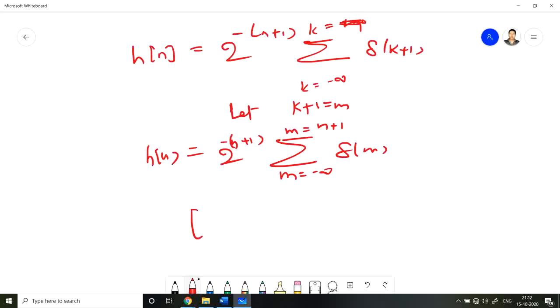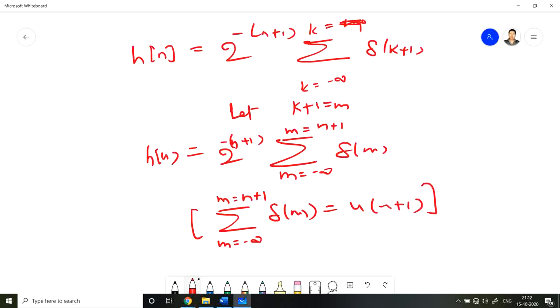Now we can see that this is nothing but u n plus 1. So the summation of del m from minus infinity to n plus 1 is nothing but u n plus 1. Please check. So the final answer is hn equals 2 raised to the power n plus 1 into u n plus 1.